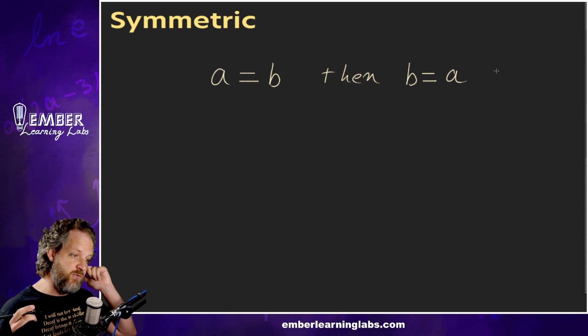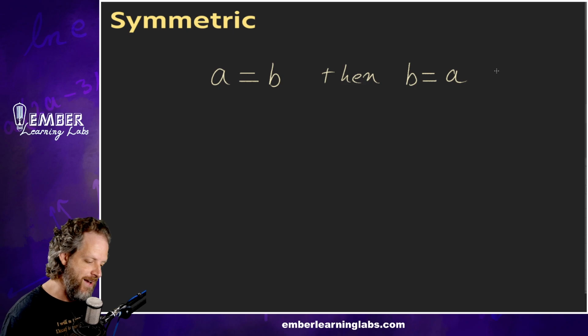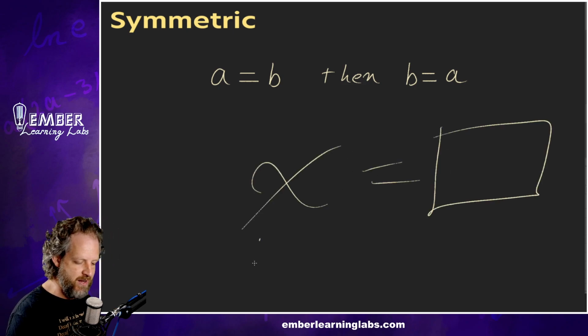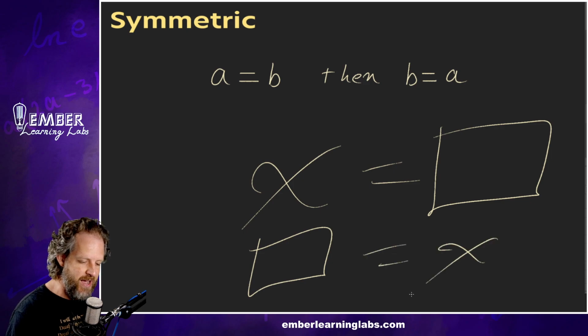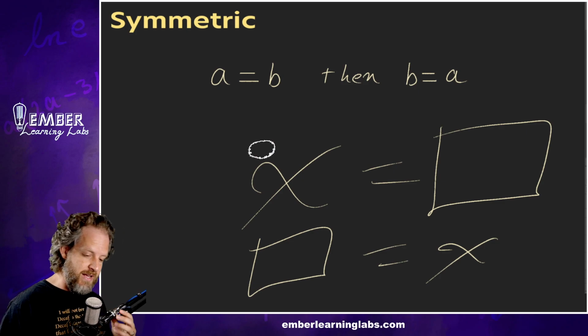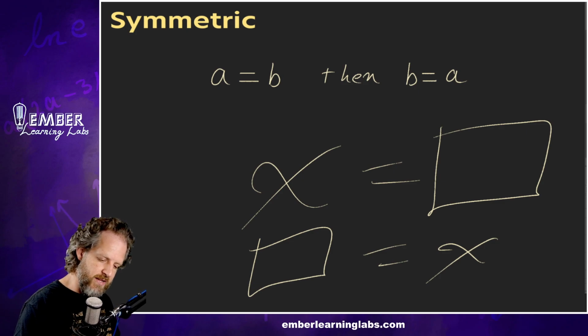Which is useful, right? We typically want to write our X on the left and our number on the right, right? So if we end up with the number equals X, then we can take and flip those around. Really, really great, easy peasy. That's what the symmetric property lets us do. Okay, so let's hit the next one.